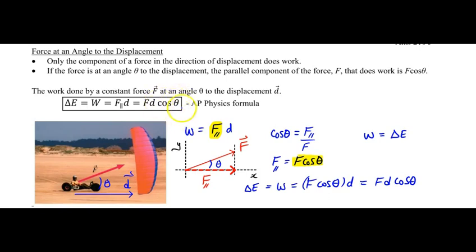The reason we have this cosine theta factor is because F cosine theta represents the parallel component of that force, the force that's making it move to the right. That's the part of the force that is actually doing the work. The units, as I mentioned earlier, are joules, which is the same thing as Newton meters.